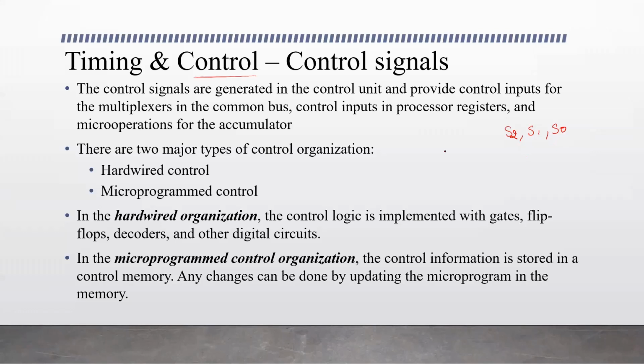And the load input we have seen in the registers yesterday, for example register AR, the address register. The control operations that can be performed on the register are load, LD, and it can be incremented or it can be cleared. These need to be activated, enabled.